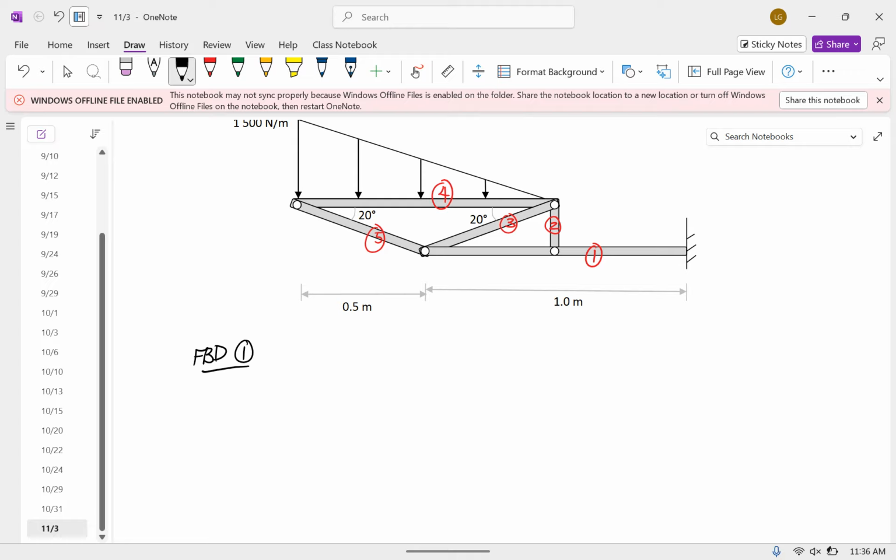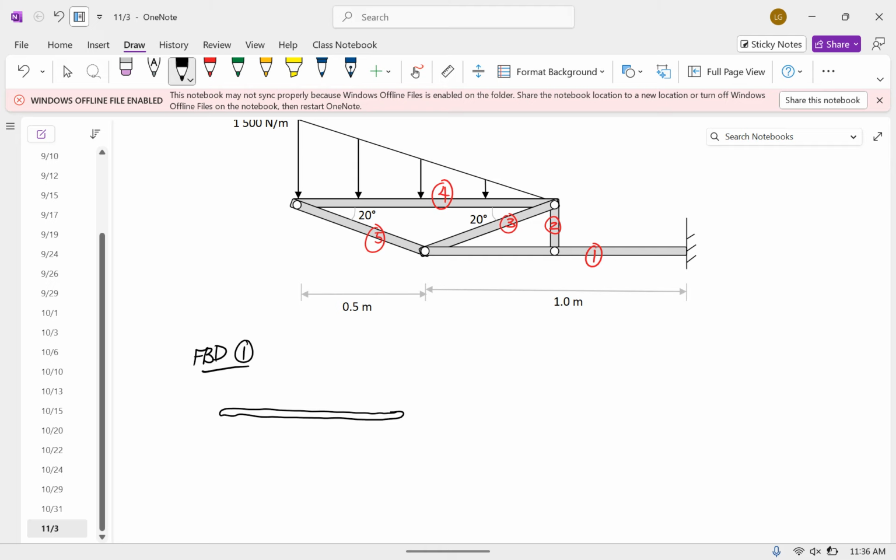Okay, and if you're ever confused about it, you can always draw the side view of the joint, shade out all the parts that are part of the lowest numbered member, and then you can actually see what's touching what. Okay, so free body diagram for 1.